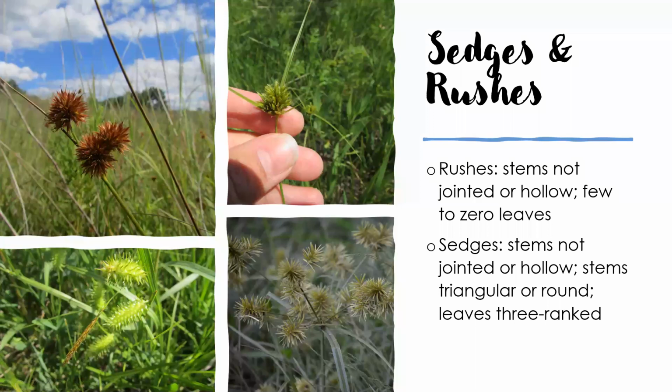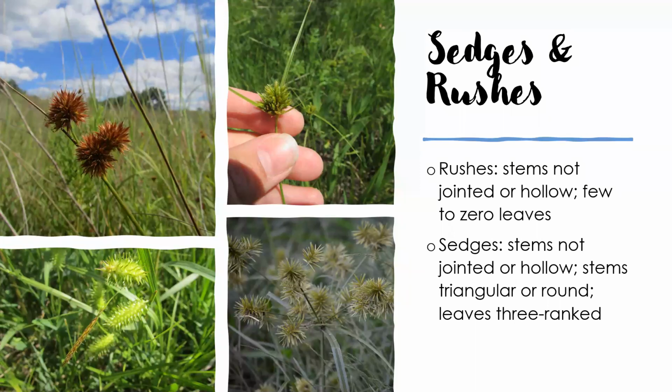Okay, why do we start with that description? Well, there's a whole bunch of other grass-like plants called sedges and rushes. And typically when I have people come to my office and bring me a sample of a grass to identify, about 85% of the time it's actually a sedge.